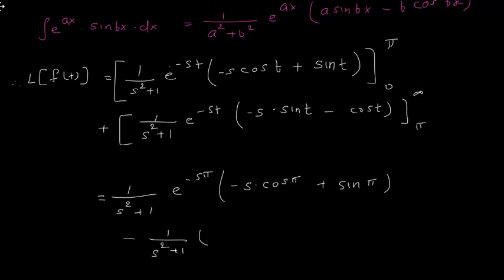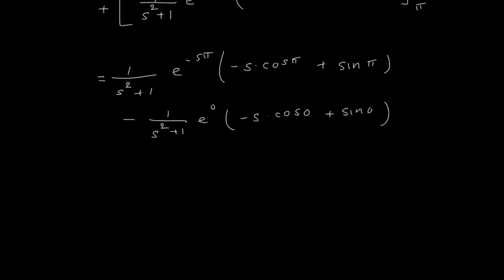Now what is the value of e power 0? E power 0 is 1, but let us write e power 0 into, here it is minus s into cos 0 plus sin 0. Now we have second bracket, so plus, here we have 1 upon s square plus 1.